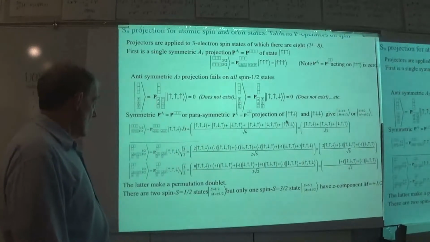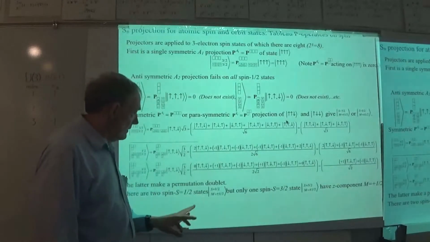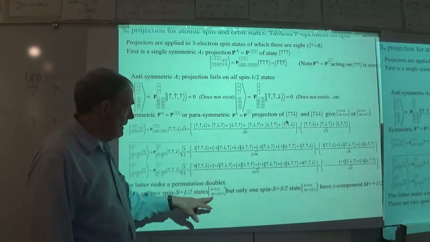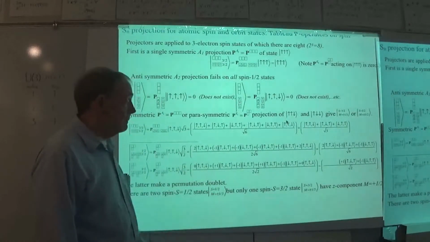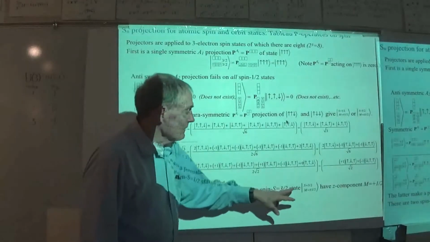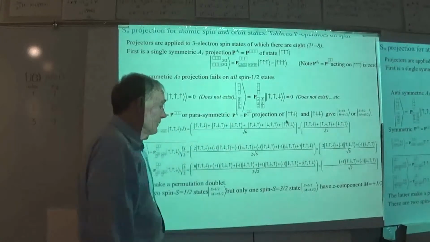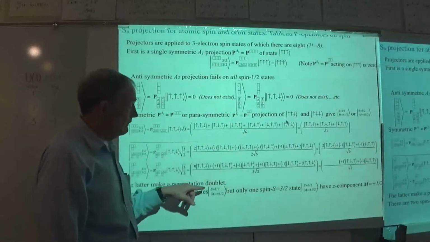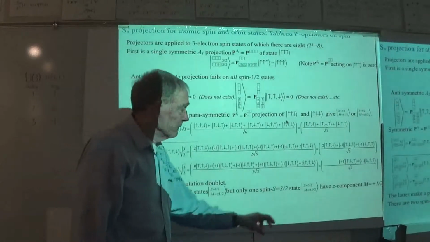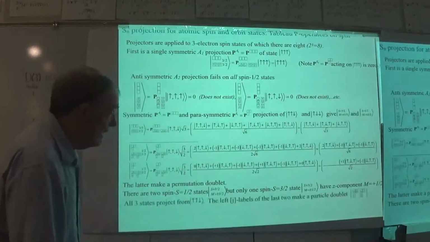So there are two spin a half states that we've seen here that have m equal plus or minus 1/2, as we'll see, but one of them has spin 3 halves. That's the box that's laid out, and this angular box is giving us a total spin of 1/2. We got that one essentially for free.